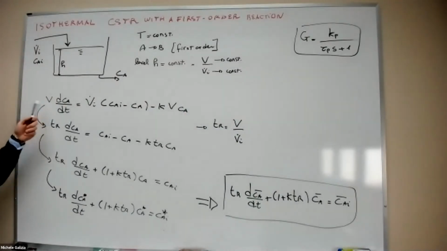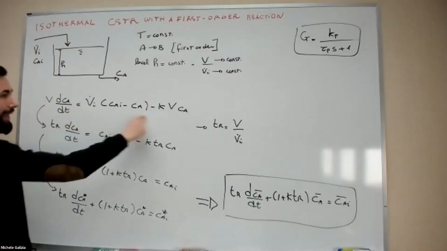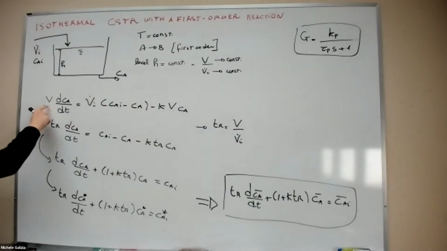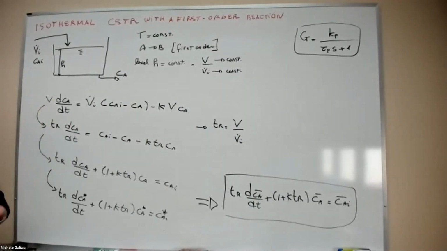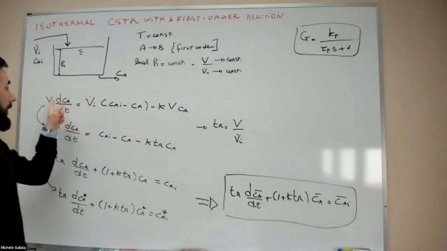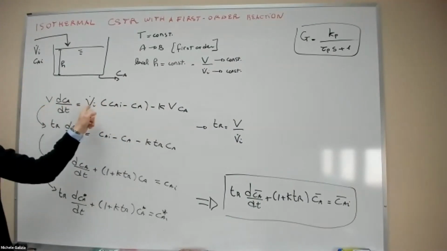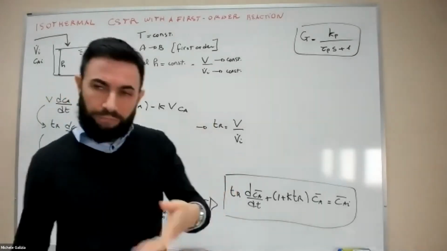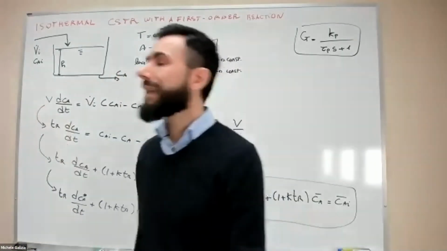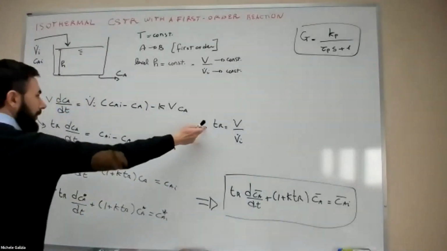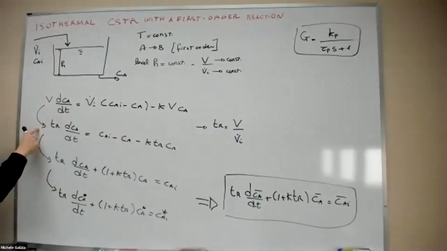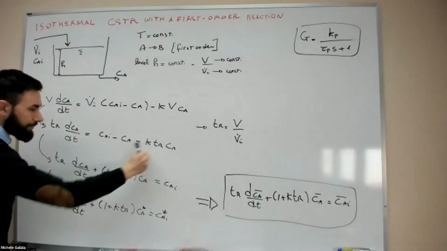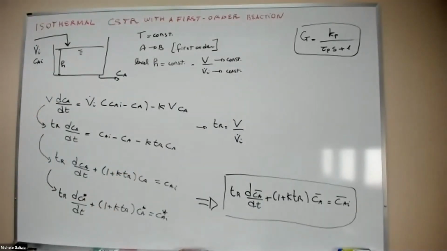So, molar balance for the reactant as usual. Let me simplify this expression a little bit. V over VI dot is what we call the characteristic time. For now, let's call this characteristic time TR. And so let's rewrite the mole balance in terms of TR as usual.